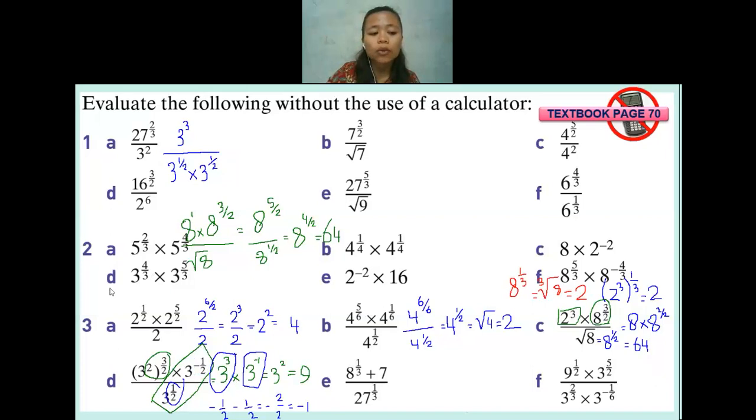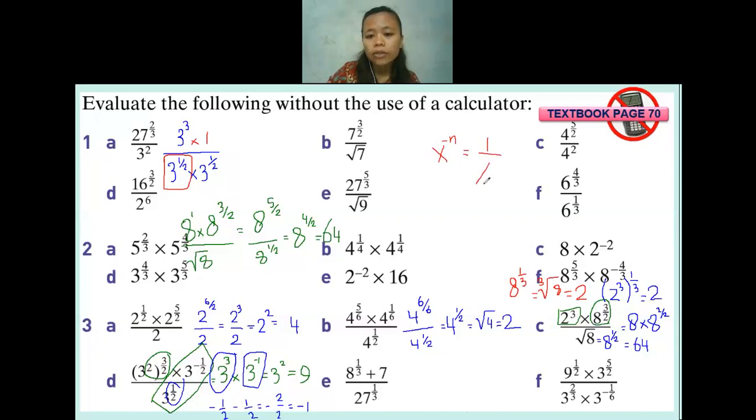Or maybe if you like using the fifth law, you change the negative indices into a fraction. That is also okay. So the 3 to the power of negative a half, we can make it into a fraction. It becomes 3 to the power of a half, but the place will be at the denominator. So to make you not confused, I can write it as 1 per 3 to the power of a half.